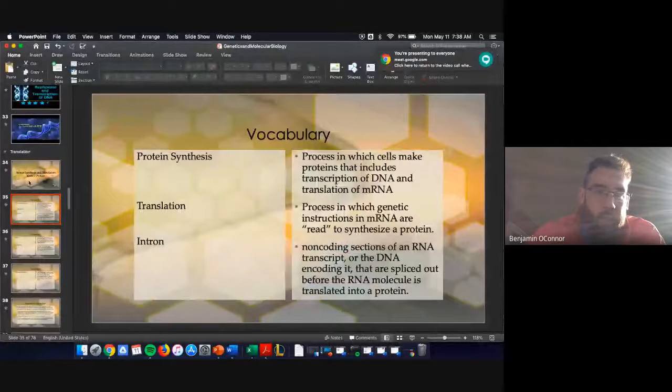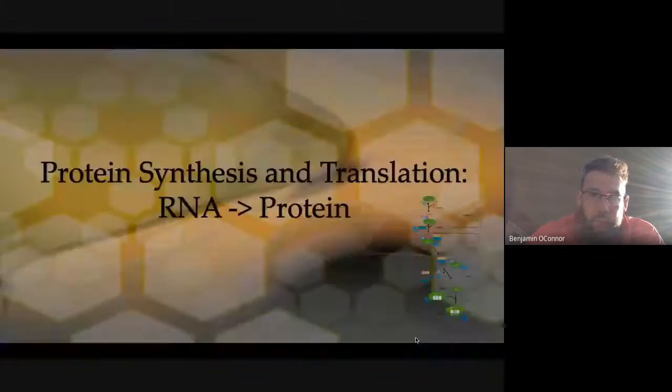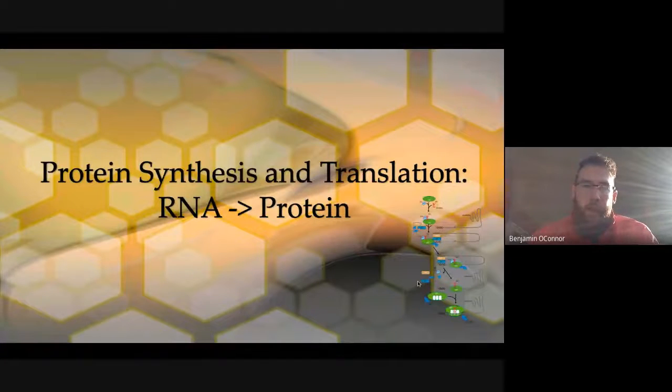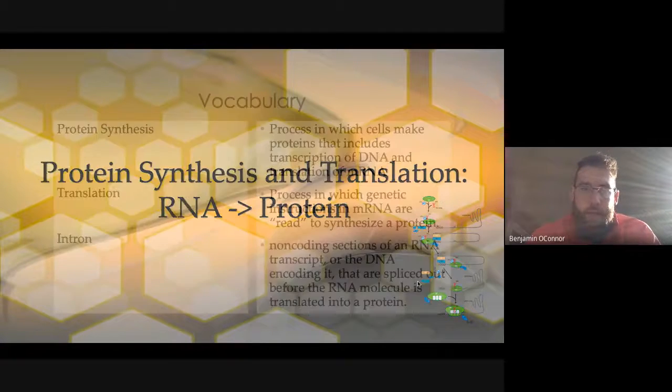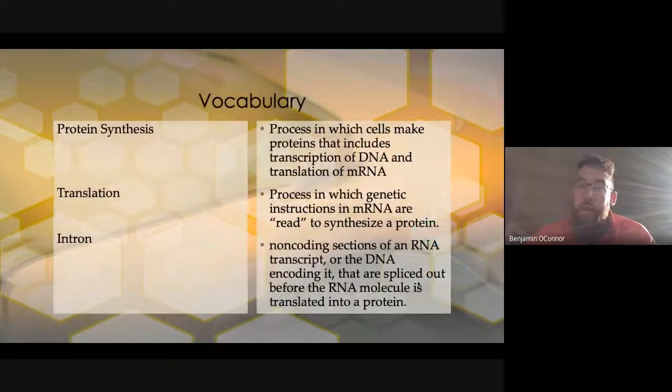Going through some vocab first. We are doing protein synthesis or translation. Protein synthesis, you're making a protein. Translation, again, you're going from genetic material to proteins. Introns and exons. I spoke about this a little bit last lecture, but introns are those regions of your DNA that are eventually cut out because they don't code for anything important.